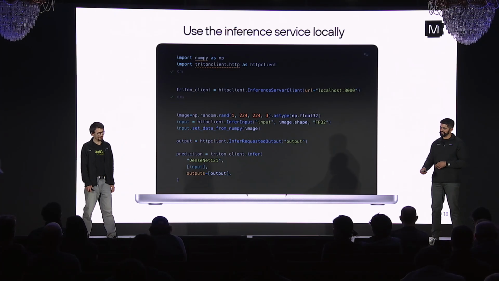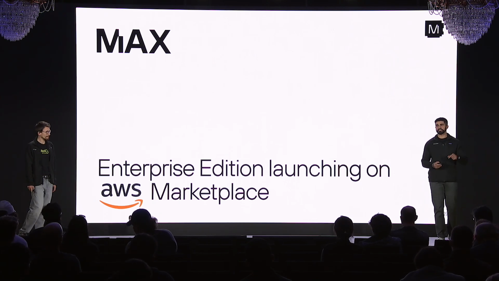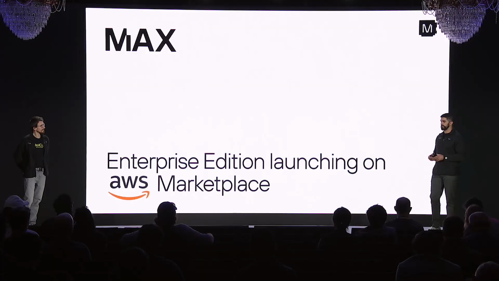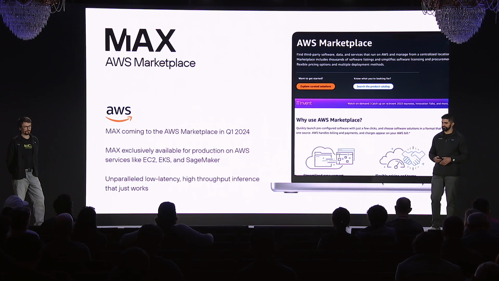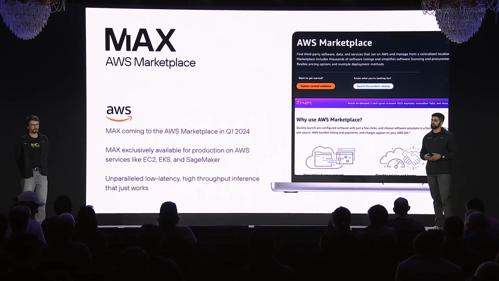Great question, Alex. A lot of our early access program partners have been asking us the same exact question. They're eager to take MAX and deploy it onto their production workloads. So today, we're excited to announce that we will be launching the Enterprise Edition of MAX on AWS Marketplace. We're thrilled to be partnering with AWS on launching our Enterprise Edition.